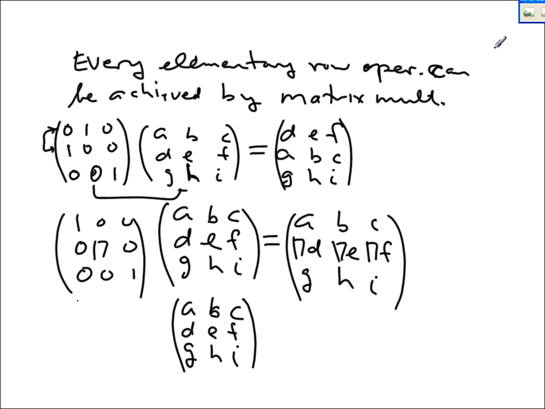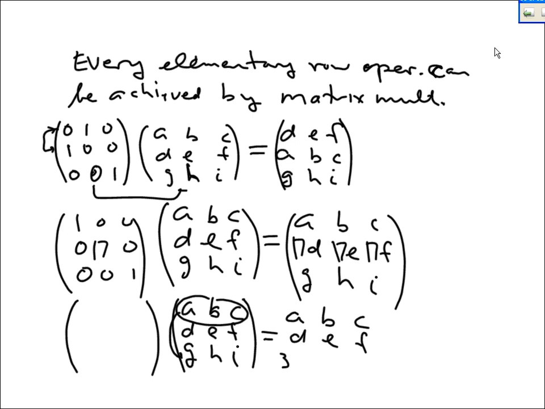That is, row 1 is not changing. Row 2 is not going to change. But I want to multiply the first row by 3 and then add it to the third row. So I'm going to have 3a plus g, 3b plus h, and 3c plus i.